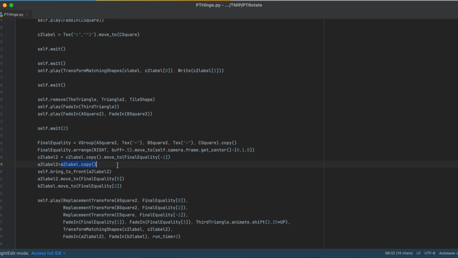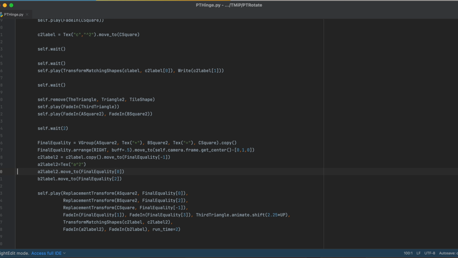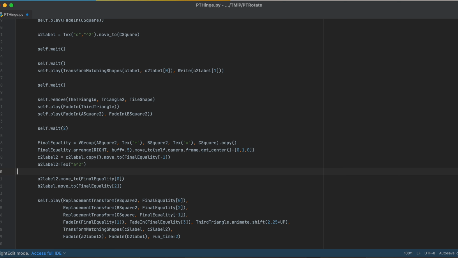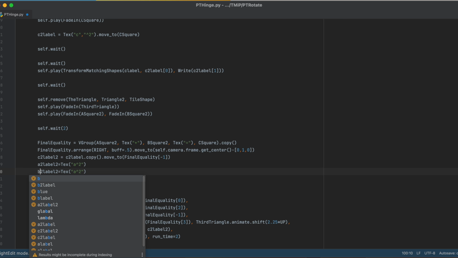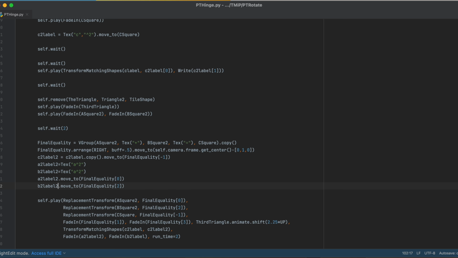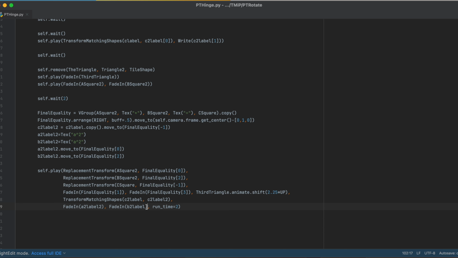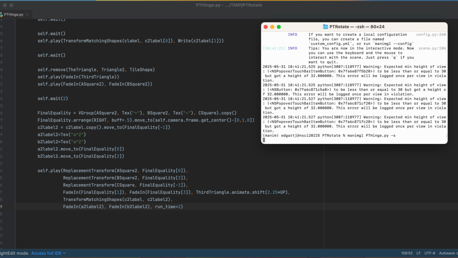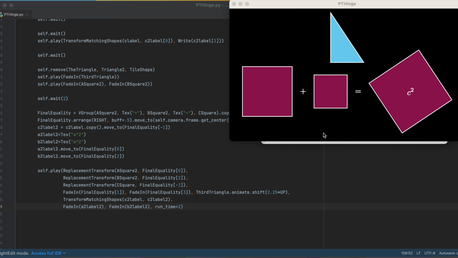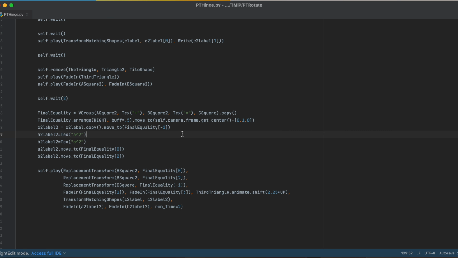So maybe I'll just try again. I'll just try to create a brand new thing, not a copy, and see if this works. A squared, we're going to move that. And then I'll do the same thing with B squared. See if that works maybe. Still not working.